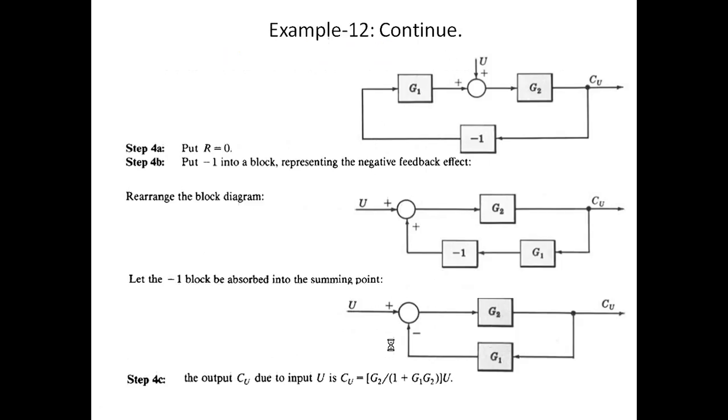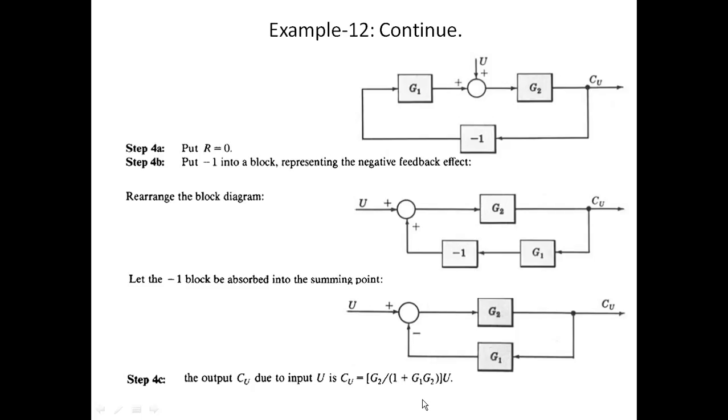Now the next step is to calculate the response due to input U. For that the feed forward gain is G2, feedback gain is minus G1. So instead of minus G1 we put G1, and the positive sign changes to negative.